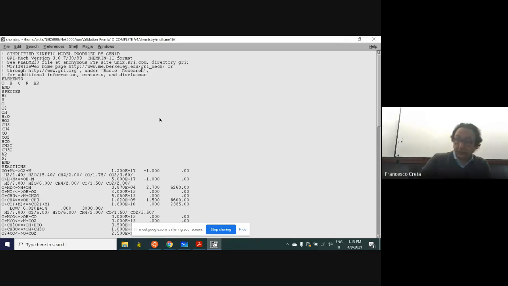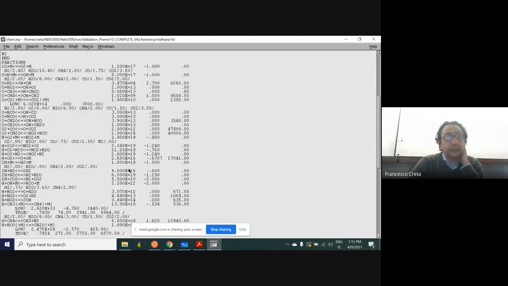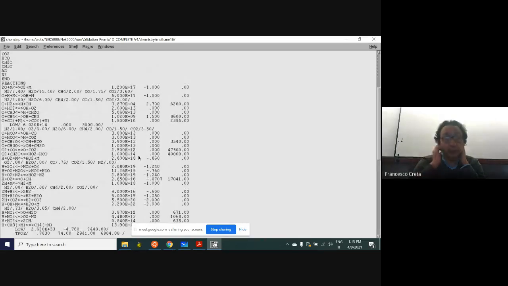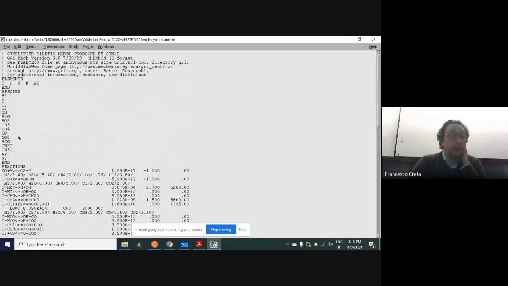Now that we're beginning to do some of both equilibrium and kinetic examples, you'll recognize some of the things that you can do. This was an older approach, still very valid, and it was an input file for this program. What it is, essentially, is your chemical kinetic mechanism.